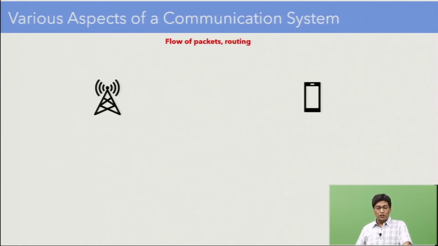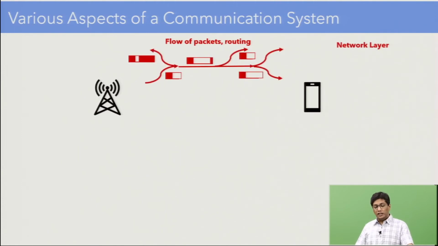So, let us look at the various aspects of a communication system. Suppose you have a transmitter and receiver. If I look from a network layer perspective, there are packets which are being transmitted from this transmitter to the receiver. You may have a complete network with different nodes connected by links.